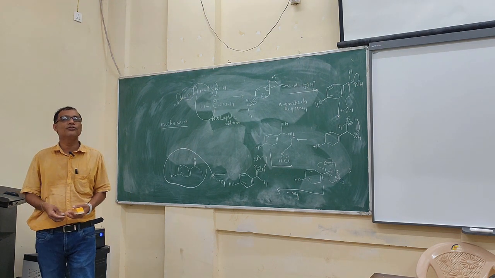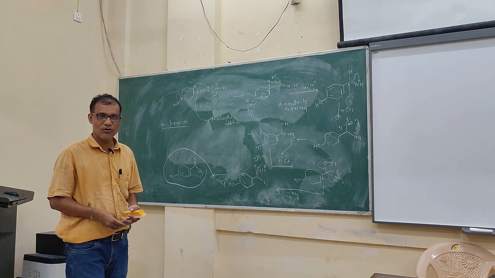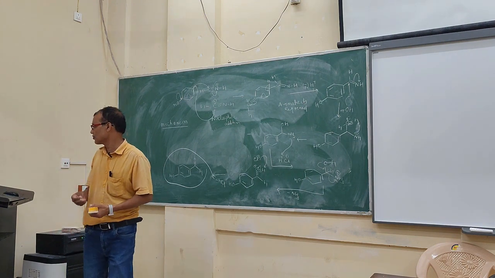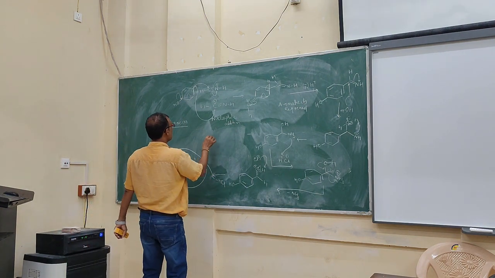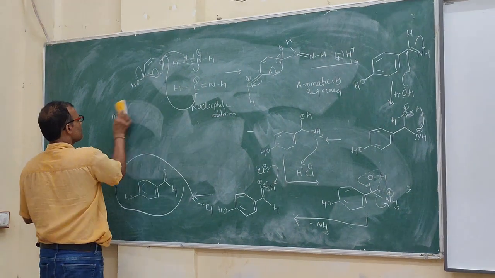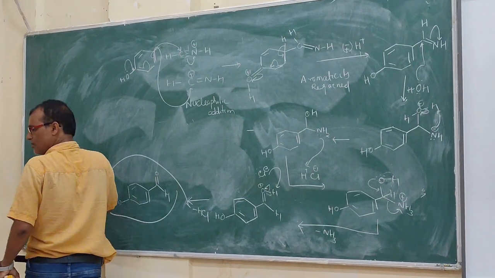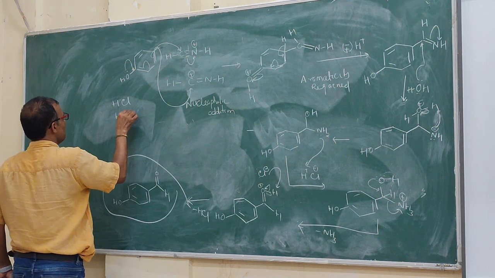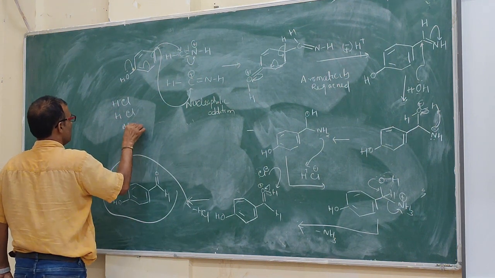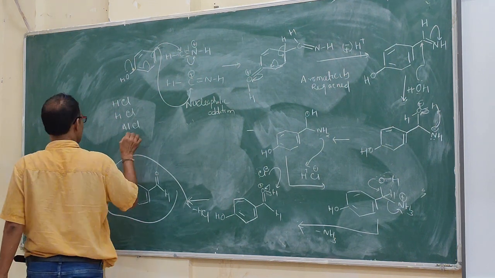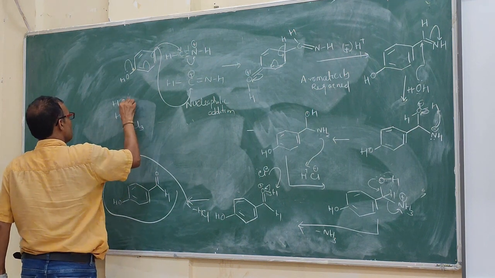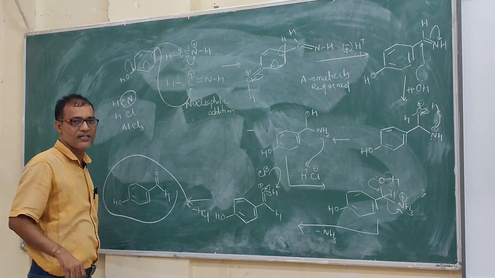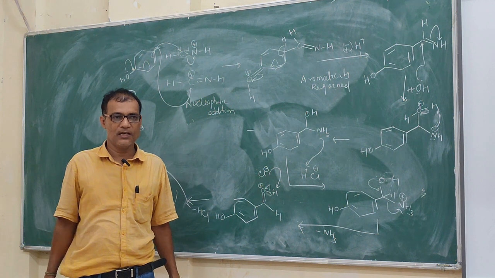The problem here, as I told, is that you need to use cyanide. If you know zinc cyanide, you can use this also. Instead of this one, you can use HCl, or HCl and aluminum chloride. Again the same cyanide, hydrogen cyanide, again a problem.